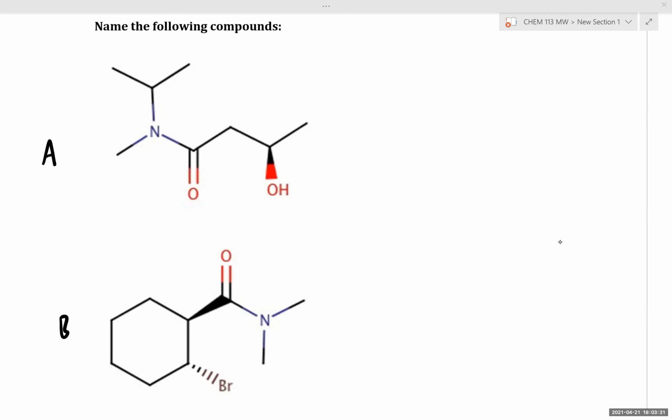Don't be shy to type your questions in the chat, and I'd be happy to provide input and feedback. Does anyone have a proposed name for either of these two compounds?